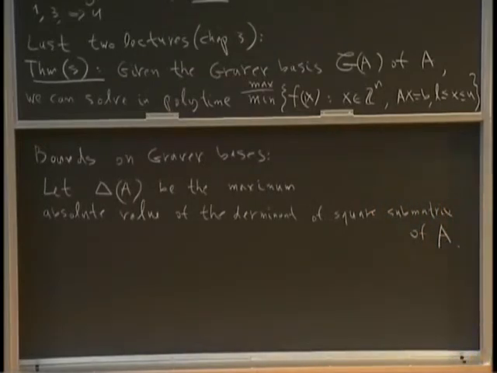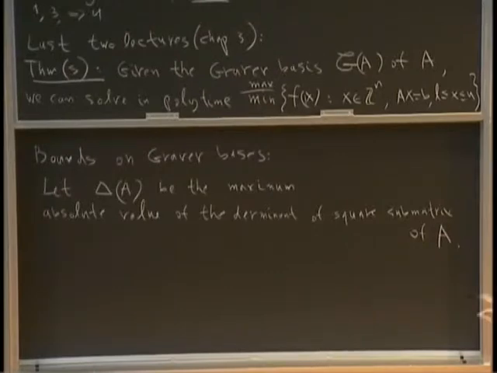That's a common notation because it affects complexity in various ways. A matrix is totally unimodular if this delta A is 1.